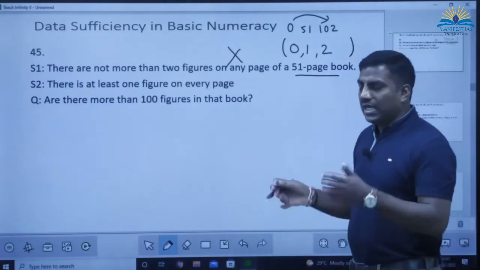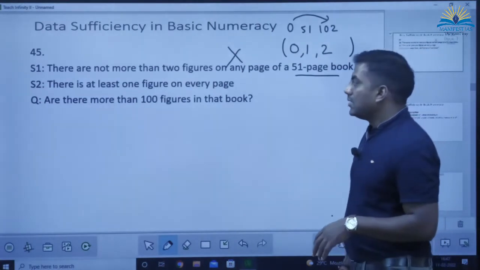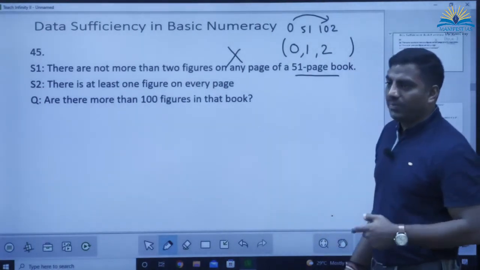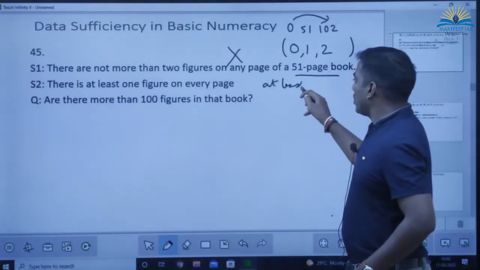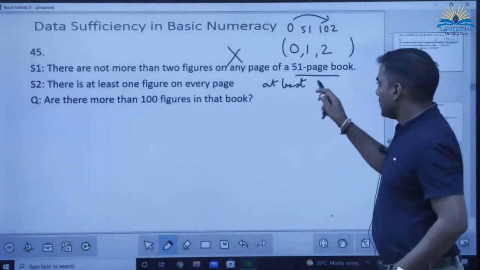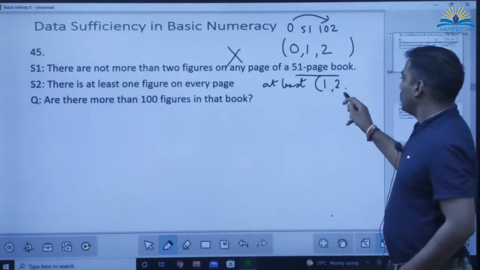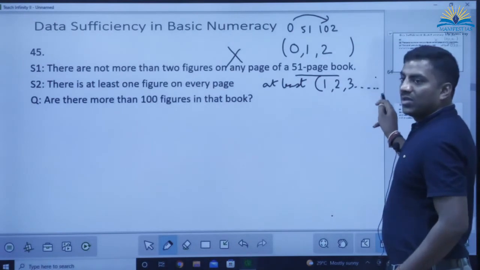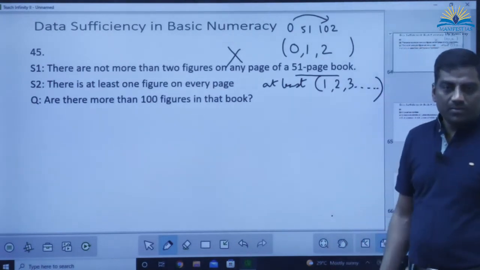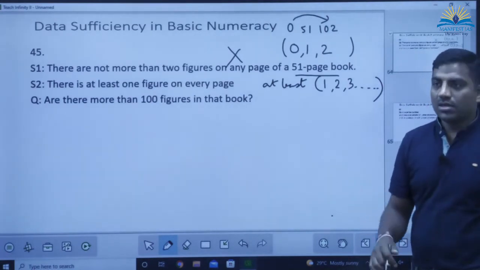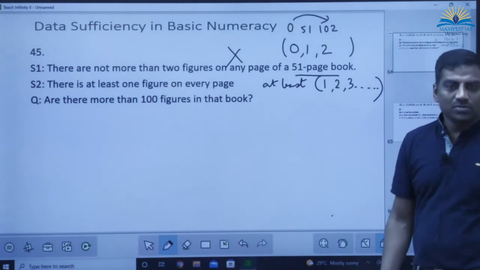Now go to S2 alone, delete your S1 knowledge. There is at least 1 figure on every page. At least 1 means what? It starts from 1, 2, 3. It can go anywhere. At least 1. I need at least 1 pen. That means I can have 100 pens also, no?